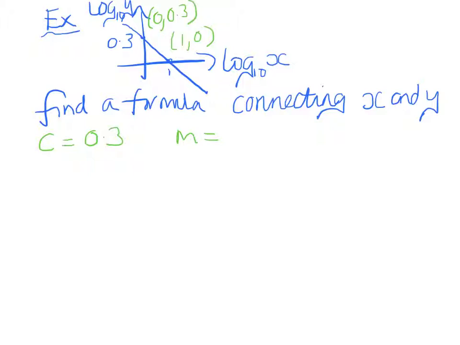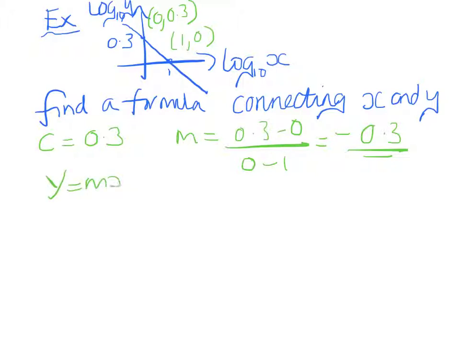So my gradient is going to be 0.3 minus 0 over 0 minus 1, and that is negative 0.3. So if I plug these into y equals mx plus c, I will have y is negative 0.3x plus 0.3.